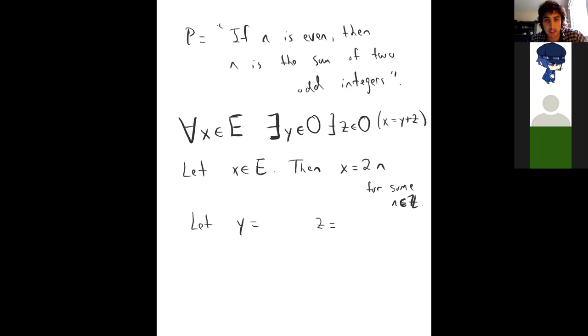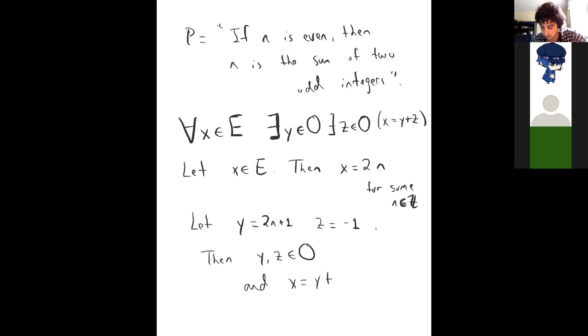Is n odd? Why is n odd? 3 plus 5, but 2n, n is arbitrary. There you go, 2n plus 1 and minus 1. Then these things are odd, right? 2n plus 1 is always odd, and negative 1 is odd.